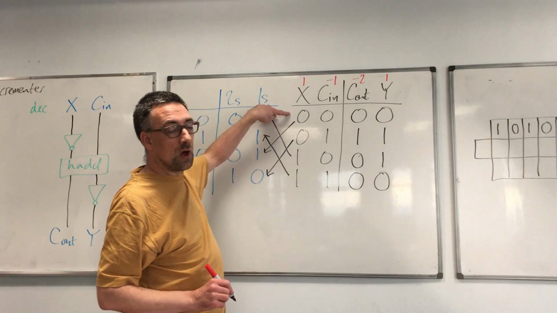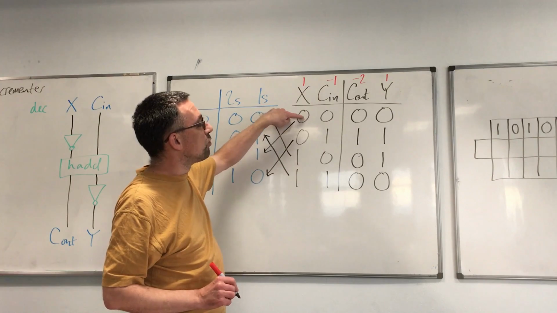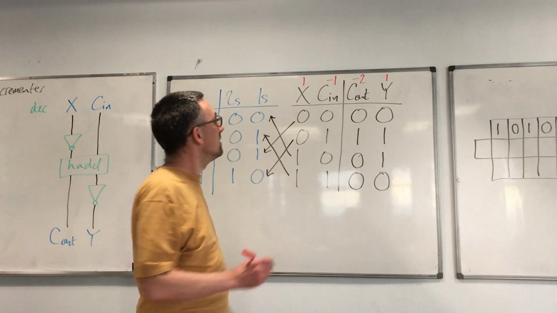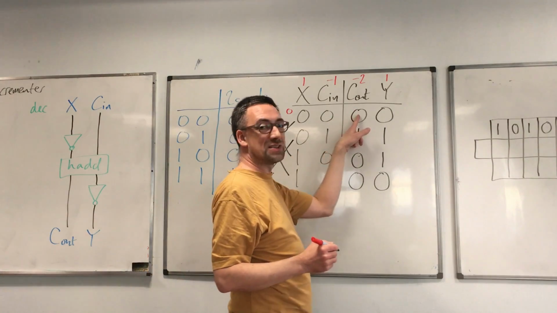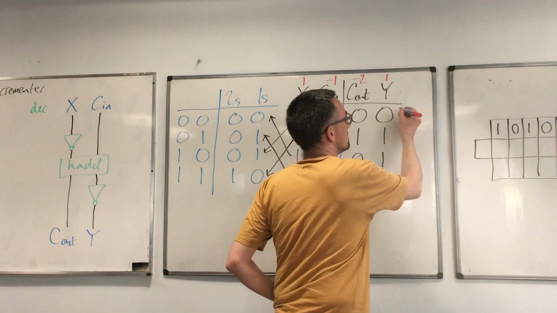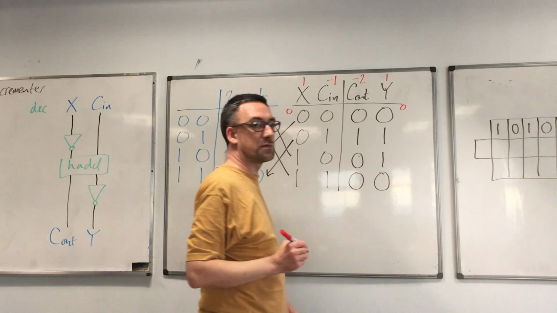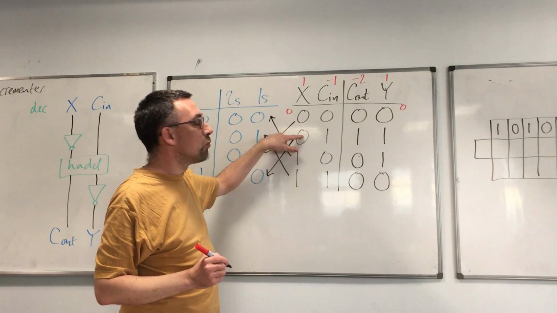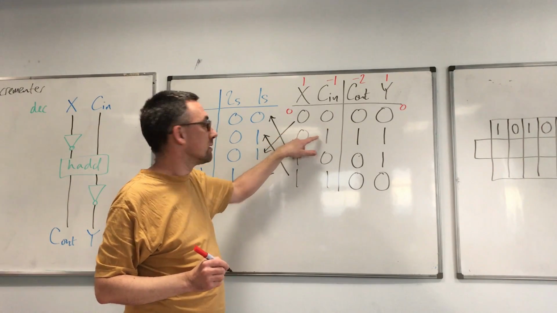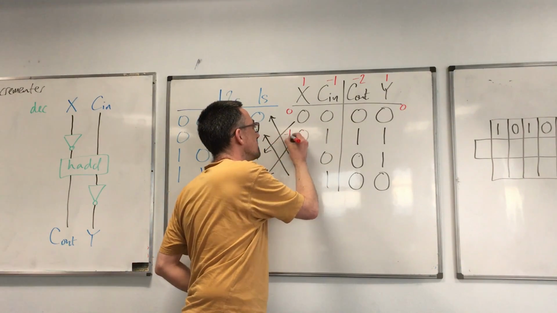So in this row, on the left, we have no 1s and no minus 1s coming in, so that gives us 0. And on the output, we have no minus 2s and no 1s, so that's also 0. In this row, in the input, we have no 1s and a minus 1. So our total place value is minus 1.